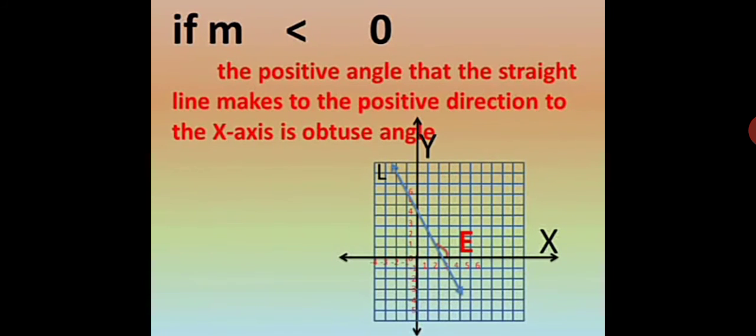But if the slope is smaller than 0, the angle that the straight line makes with the positive direction of the x-axis is an obtuse angle as in the opposite figure.